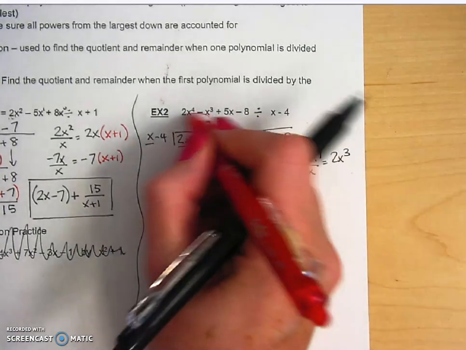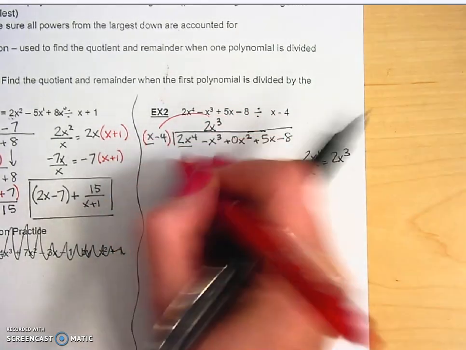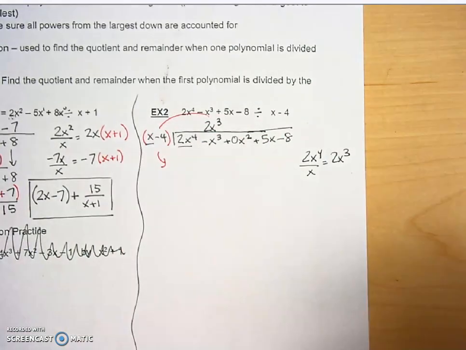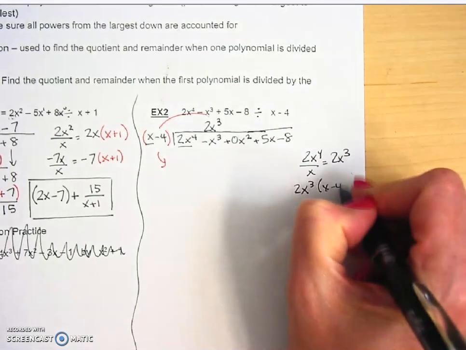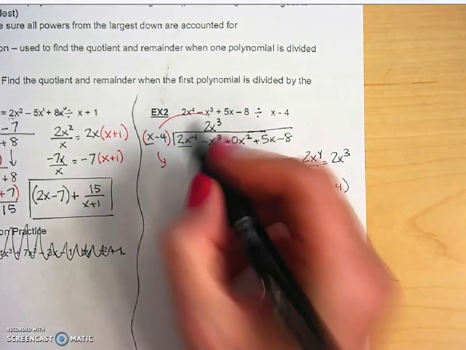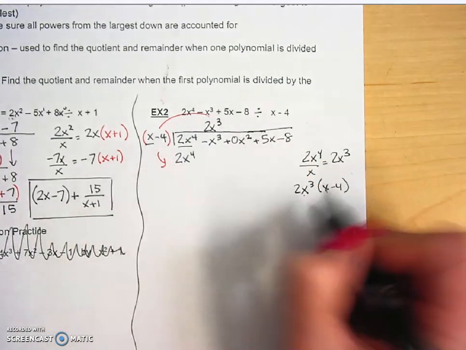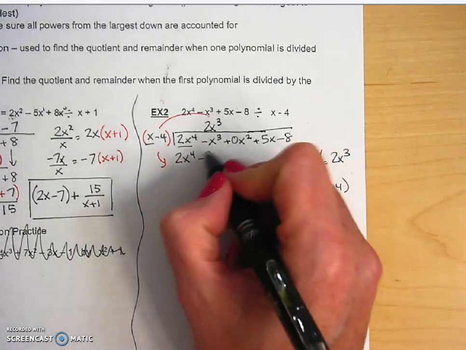So that times all of the divisor comes down here. So I'm going to do 2x cubed times the x minus 4. So that's 2x to the 4 minus 8x cubed.